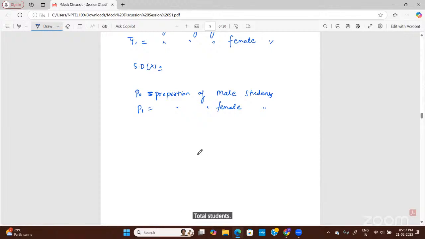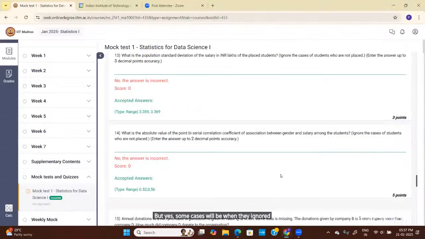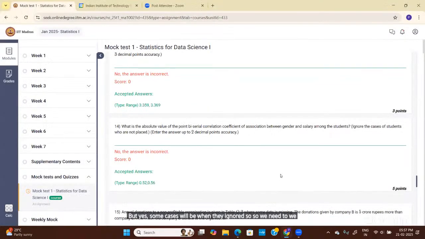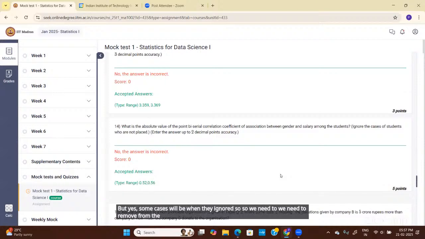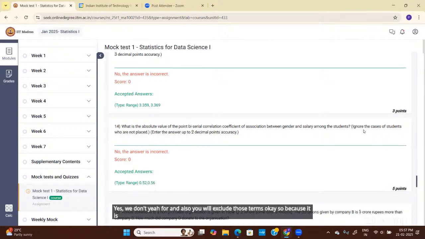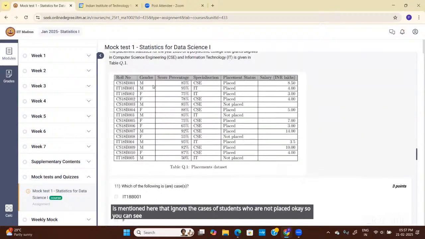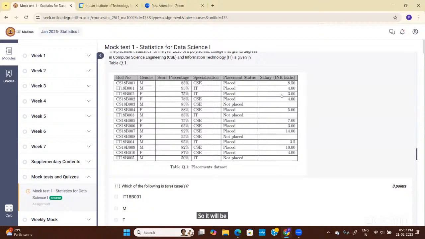Madam, some cases are given as ignored, so we need to remove them from the observations also, right? Yes, for N also you will exclude those cases. It is mentioned here to ignore the cases of students who are not placed. So just count the total students who are placed, which you can count with this column.